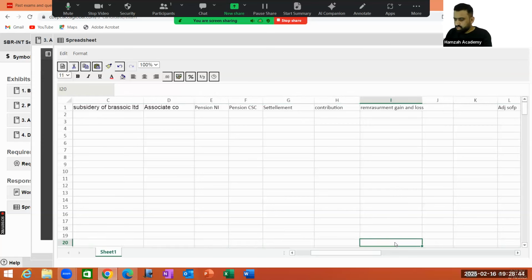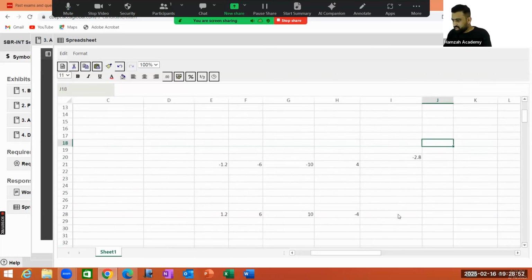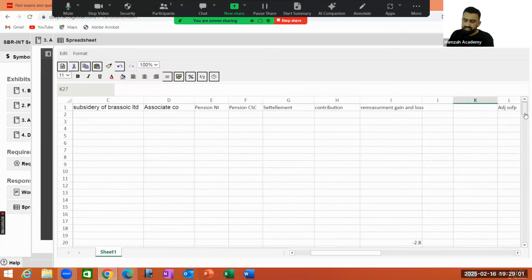So other component of equity will be decreased by 2.8, and the value of liability will increase by 2.8 million. These are all the figures relating to exhibit number 2 that I am incorporating.